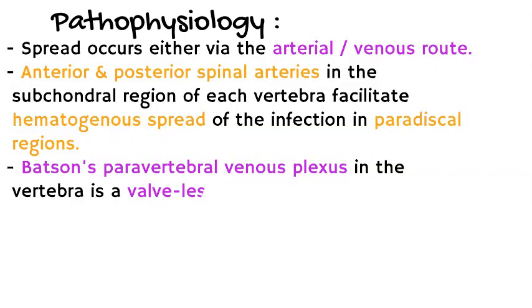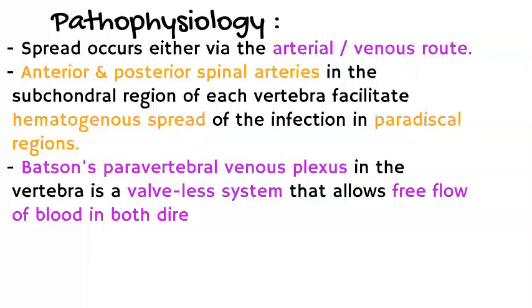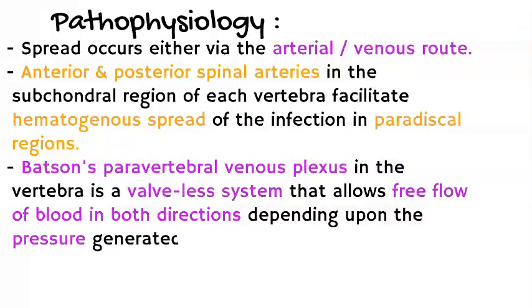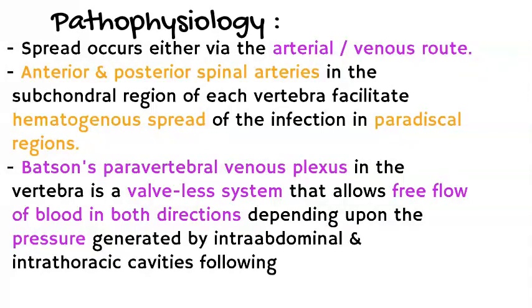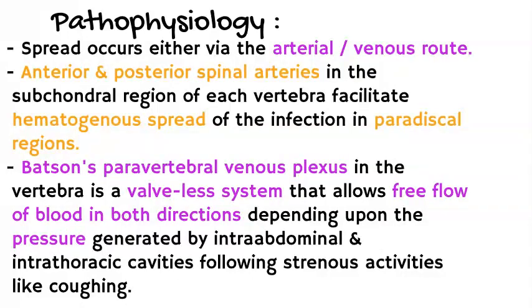Batson's paravertebral venous plexus in the vertebra is a valveless system that allows free flow of blood in both directions depending upon the pressure generated by intra-abdominal and intrathoracic cavities following strenuous activities like coughing.